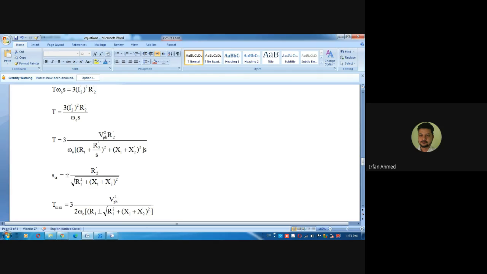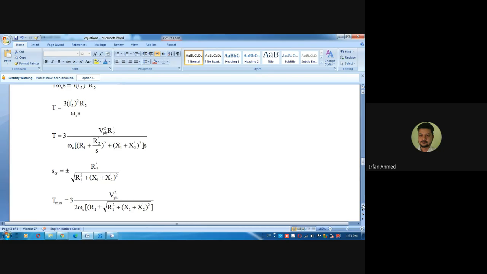Just the signs are different. Positive for motoring, negative for generating. However, the maximum torque will be different for motoring as well as generating. For motoring, you have a plus sign here, so the maximum torque will be slightly less than that for generating. Okay, is this clear?